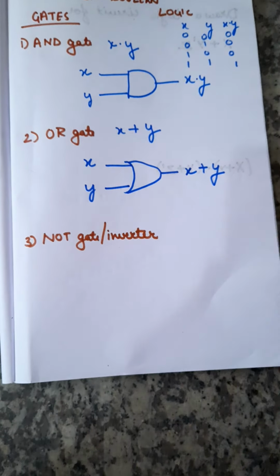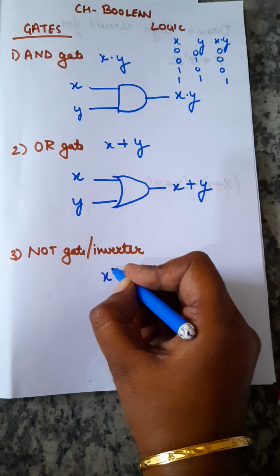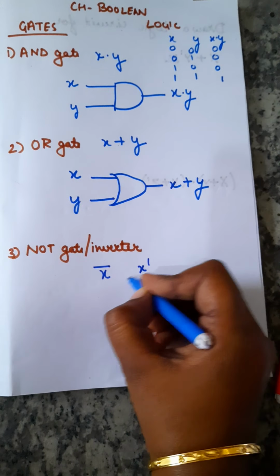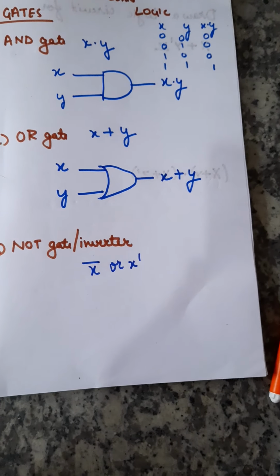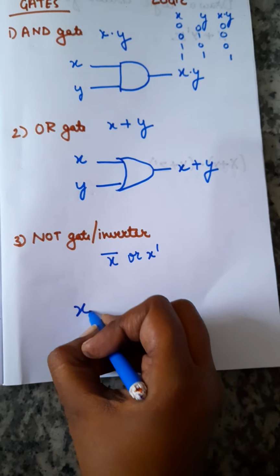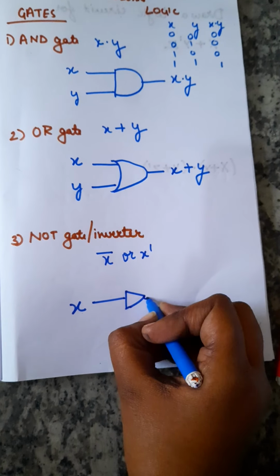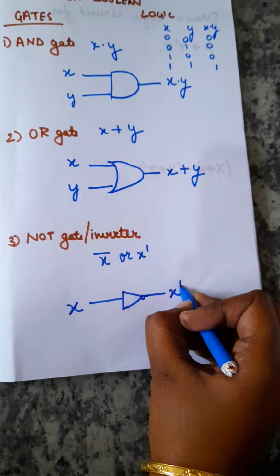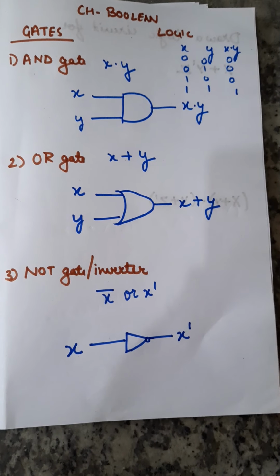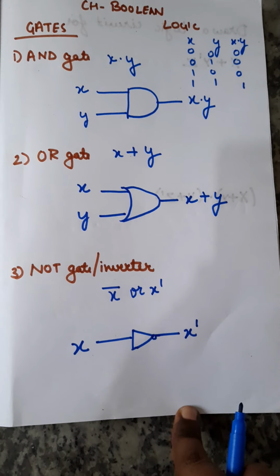When we say NOT gate, NOT is just a complement, which we write as x dash or x bar; both ways are fine, we can represent it either way. If we have only one input x and pass it through an inverter gate, we get the output x dash. So these are the three basic gates of Boolean logic.